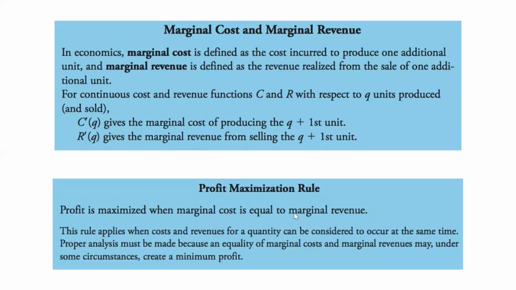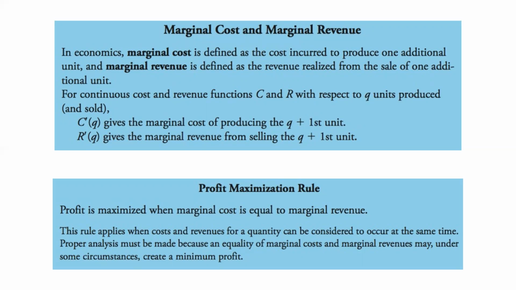Now, I'll put this in more perspective with how the book is going. In economics, the marginal cost is defined as the cost incurred to produce one additional unit. And the marginal revenue is defined as the revenue realized from the sale of one additional unit.